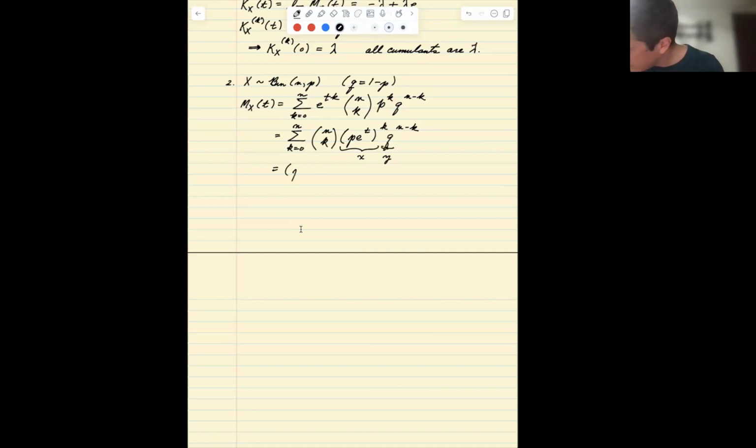So we get p e to the t plus q, to the power n. The cumulant generating function, which is the log of the moment generating function, is n times the log of p e to the t plus q.